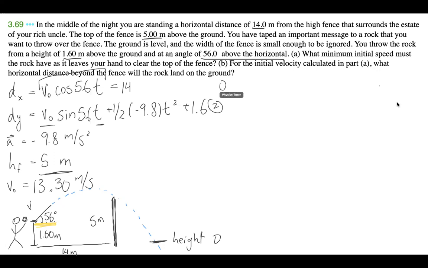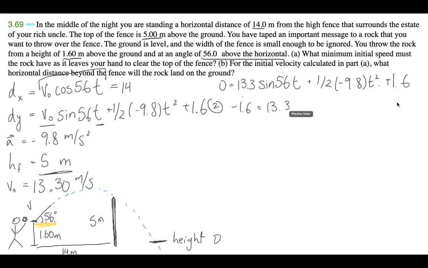At a height of 0, we have v naught, which we already know is 13.3, sine 56 t, plus half of negative 9.8 t squared plus 1.6, which means that minus 1.6 is equal to 13.3 sine 56 t minus 4.9 t squared.